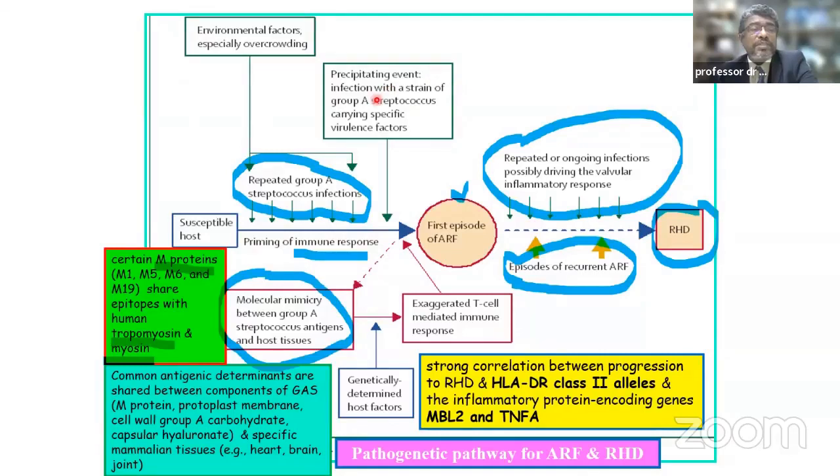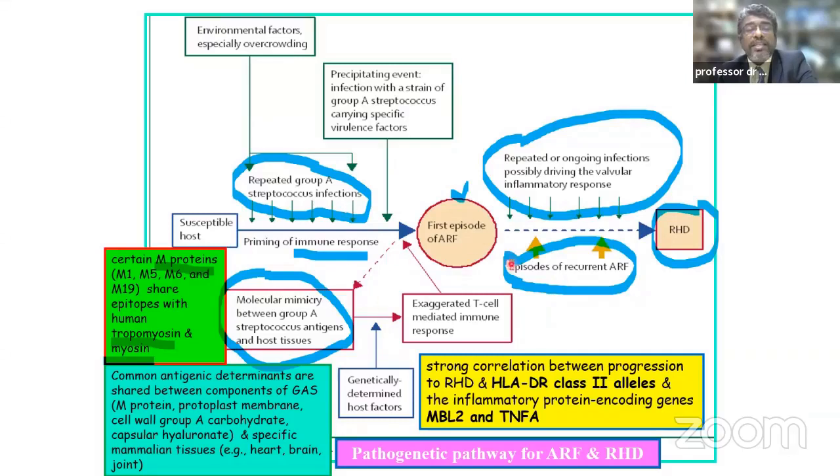There is some precipitating event like infection with an extended group A beta hemolytic Streptococcus carrying specific virulence factors. There may be molecular mimicry, that is, antigen similarity between the group A beta hemolytic Streptococcus antigen and the host tissue, and that causes the cross reaction. Genetically determined host factors may also be present, and then there is a first episode of acute rheumatic fever.